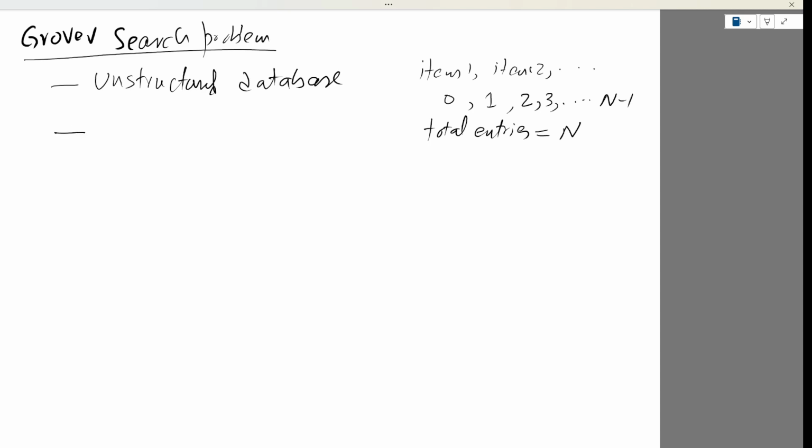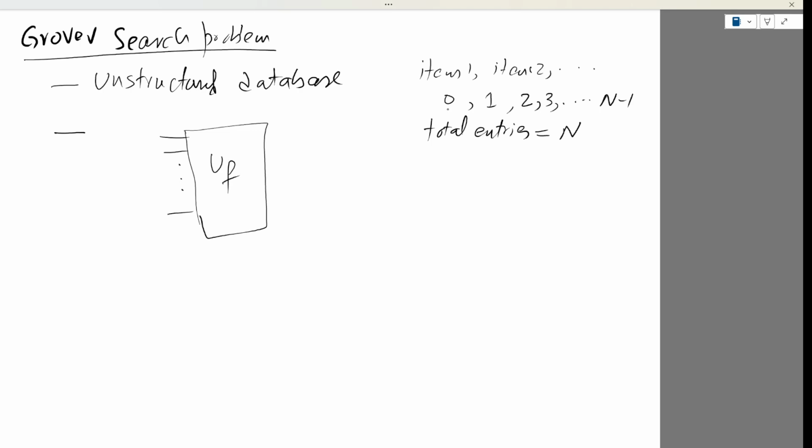And suppose we are trying to search through this unstructured database, that it's not sorted or anything, and we want to find a particular item. And then suppose there is an oracle that has access to this database. Let's call this oracle UF.